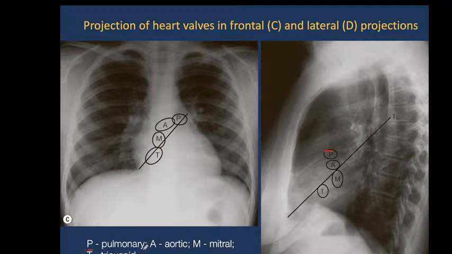P is pulmonary valve, A is aortic valve, they are semilunar valves, and then we distinguish M, mitral valve, and T, tricuspid valve as well. As you see, the tricuspid valve is the most inferiorly located valve.